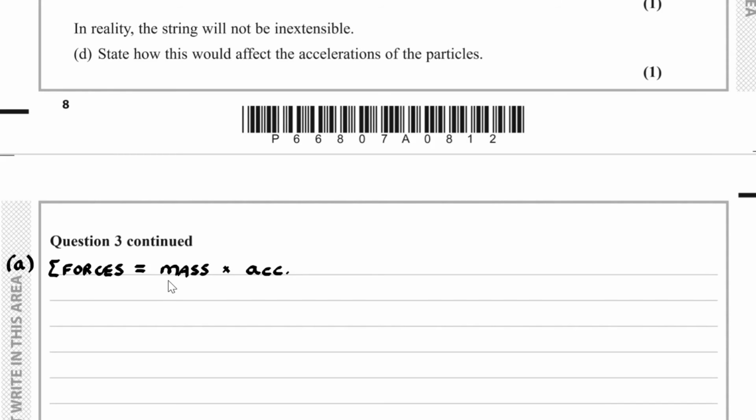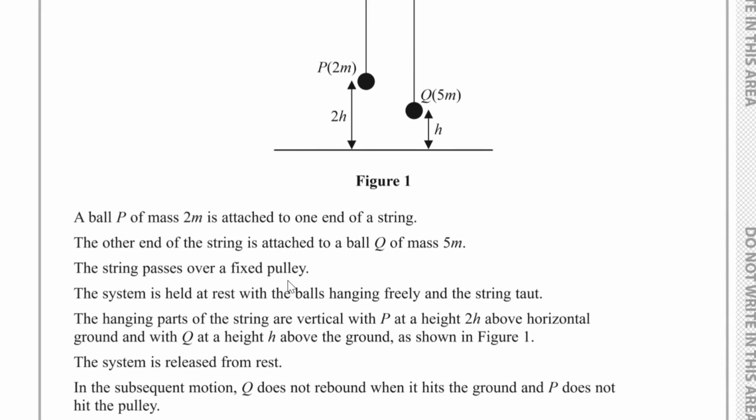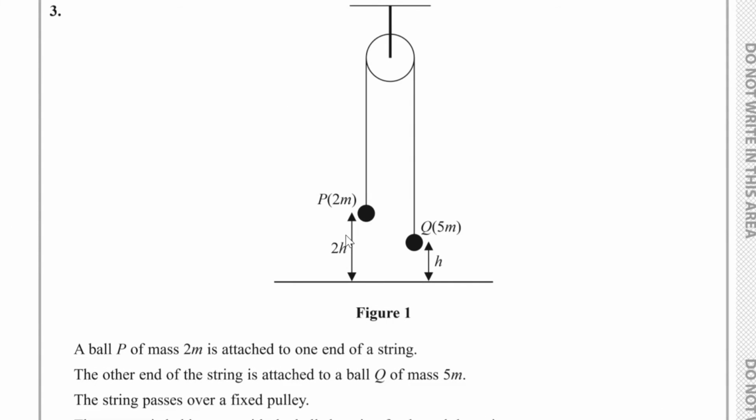Now, for part A, we know that the sum of the forces is equal to mass times acceleration. Now, when the system moves, Q moves down, and that's due to gravity. So the force going downwards is 5mg, and opposing that we have the tension in the string.